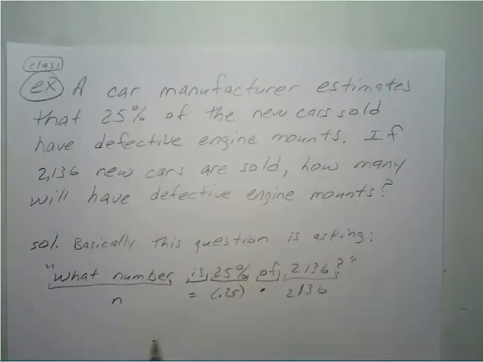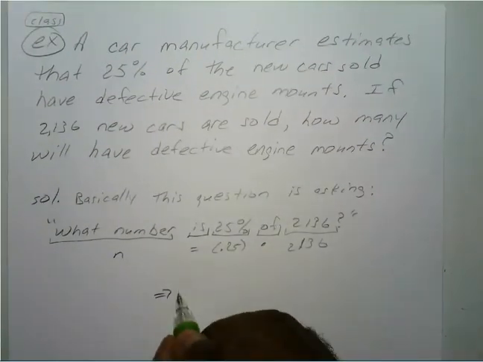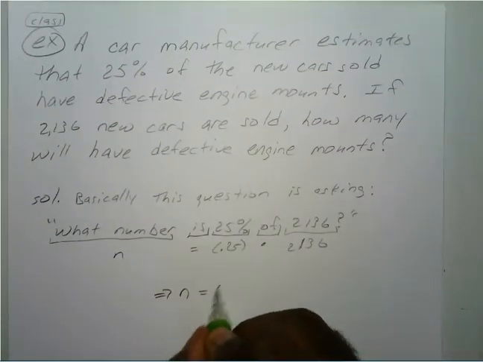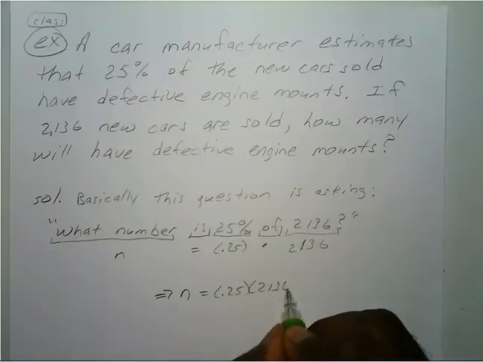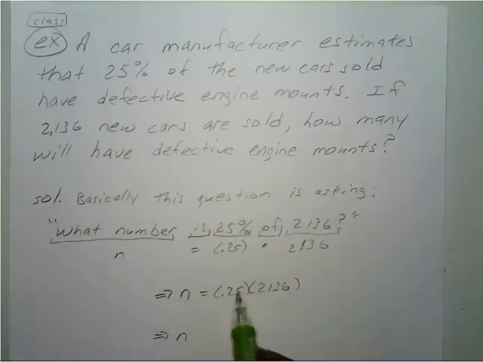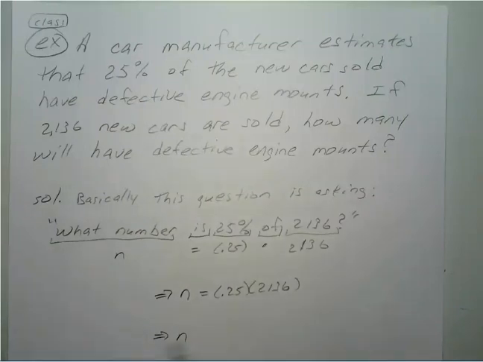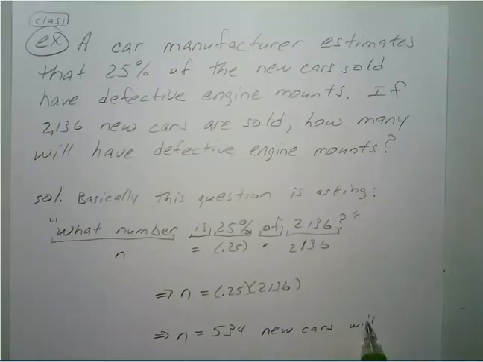So this is basically saying N is equal to 0.25 times 2,136. If you multiply those, you have N is equal to 534 new cars with defective mounts.